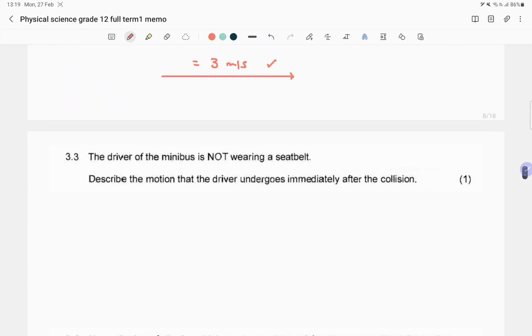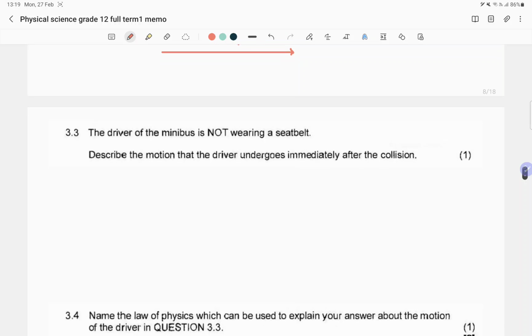So that is 4 marks. Now I told you the driver of the minibus is not wearing a seat belt. Not a problem. Now describe the motion that the driver undergoes immediately after the collision.